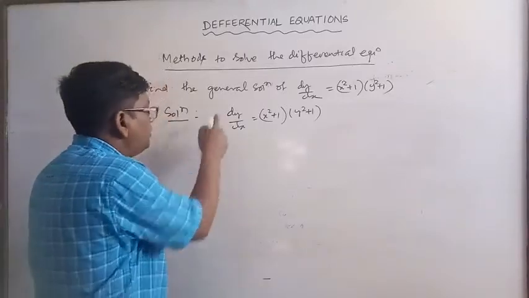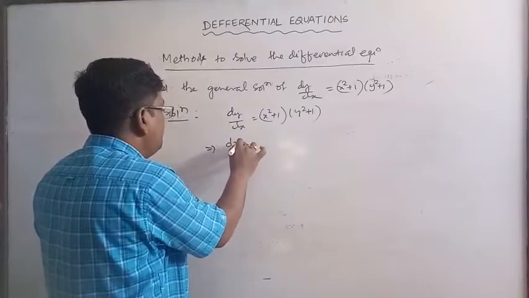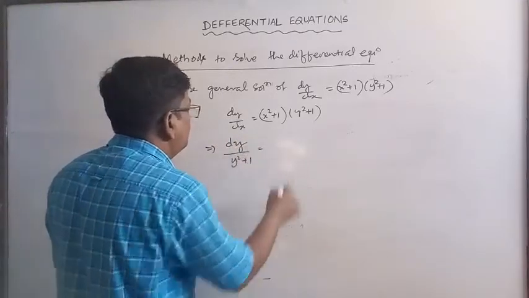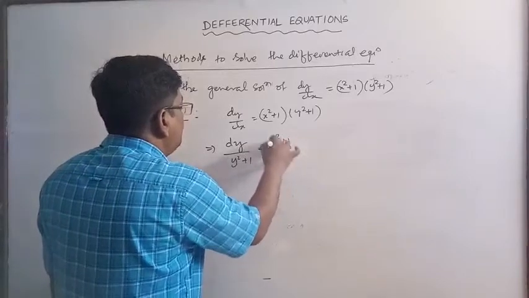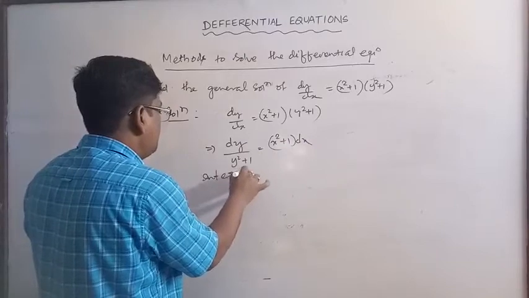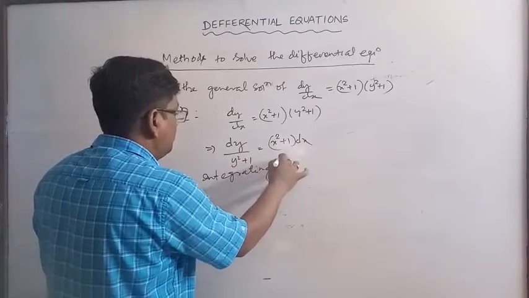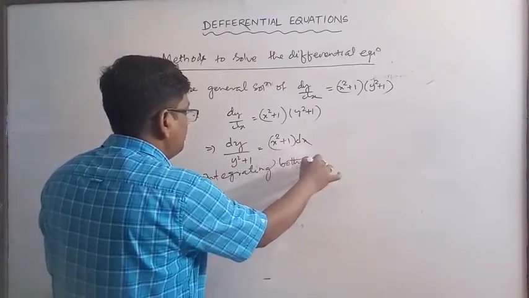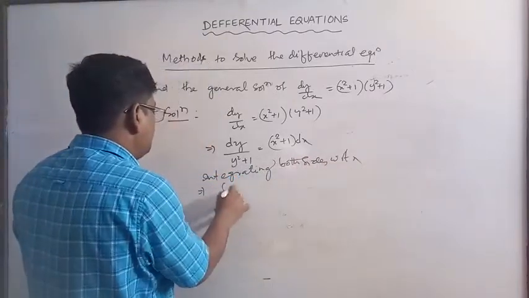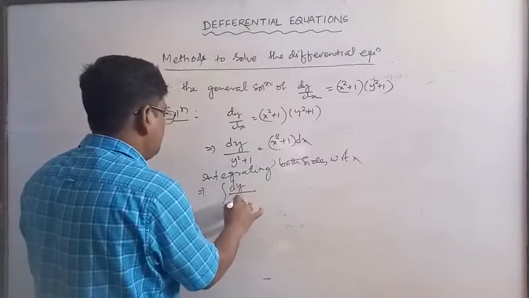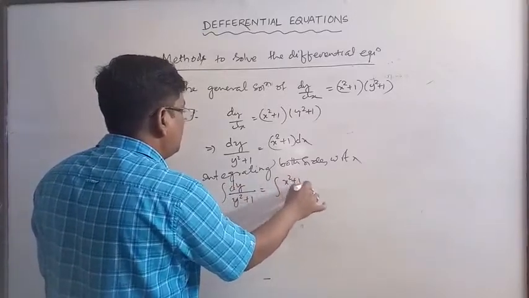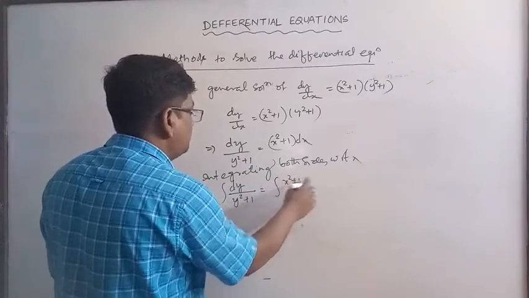So dy by y square plus 1 is equal to x square plus 1 into dx. Integrating both sides with respect to x, integration of dy by y square plus 1 and integration of x square plus 1 dx.